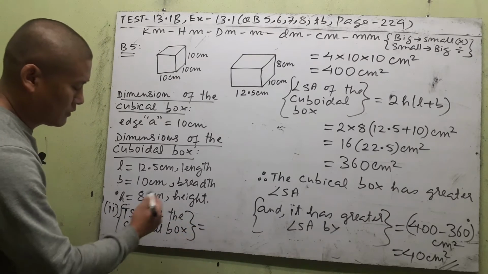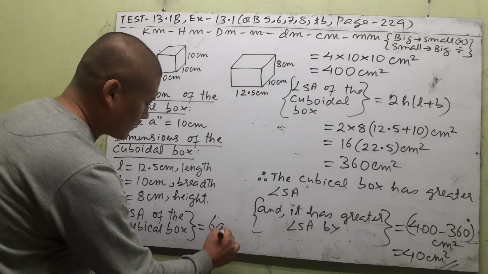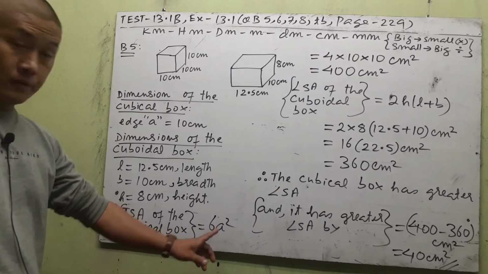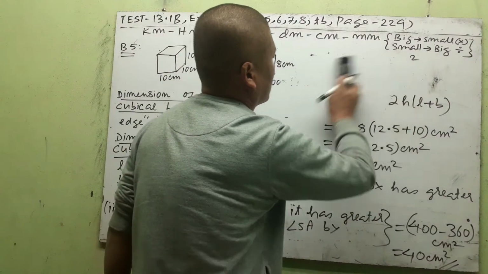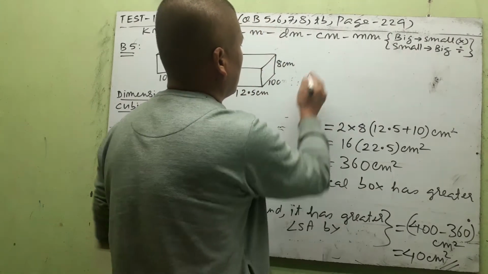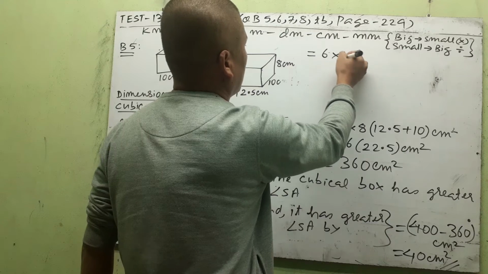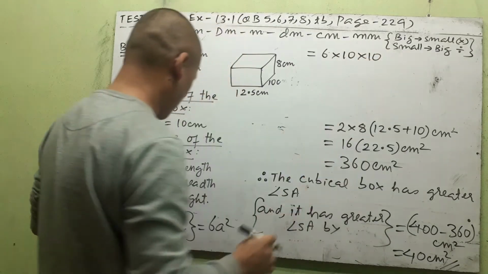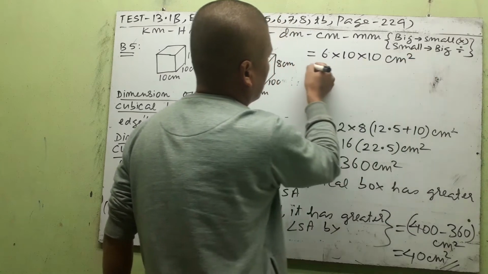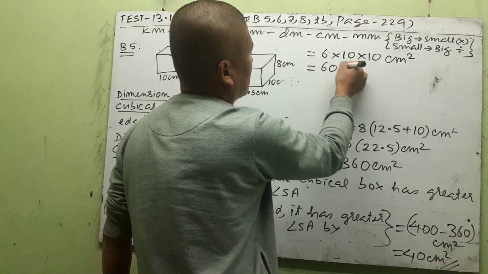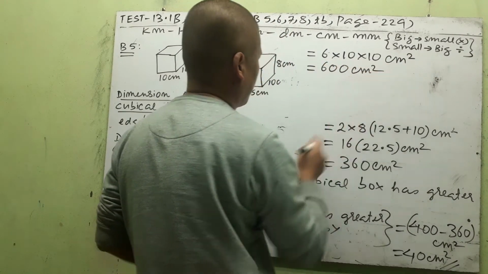Formula of total surface area of a cube is 6a square. From our first class, we know the formula. So next, that will be equal to 6 into 10 into 10, because a square means 10 times 10, and centimeter square. So that is 600 centimeter square.